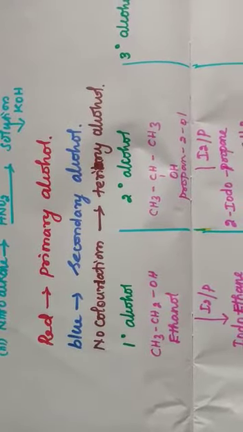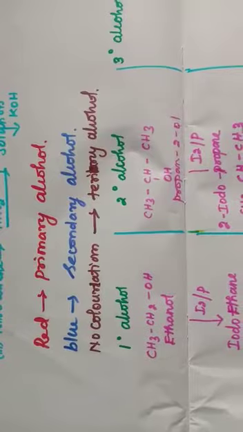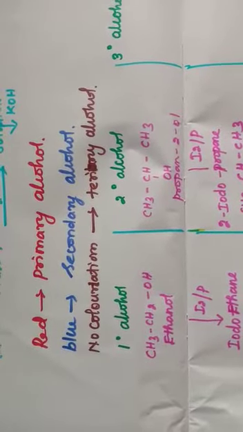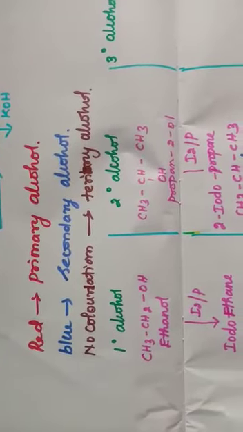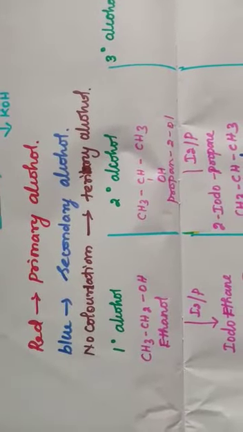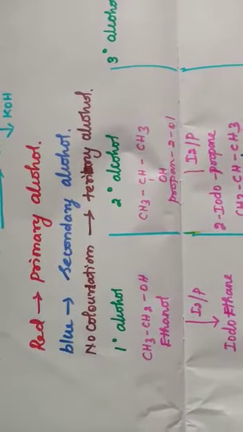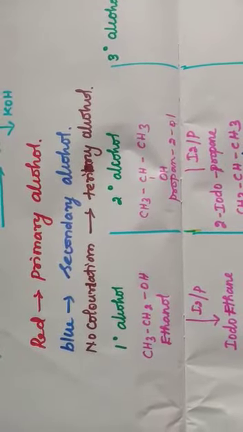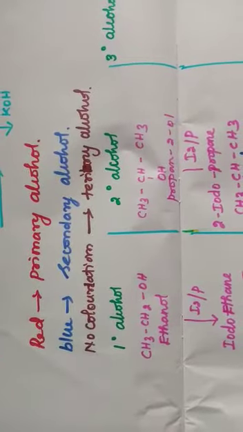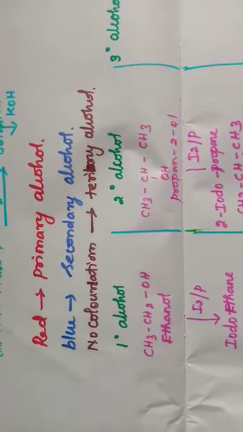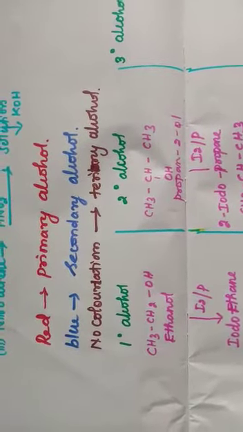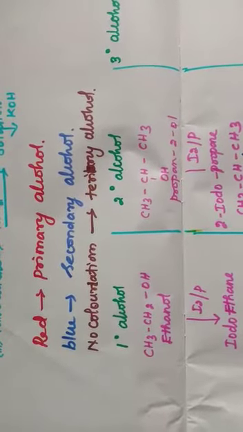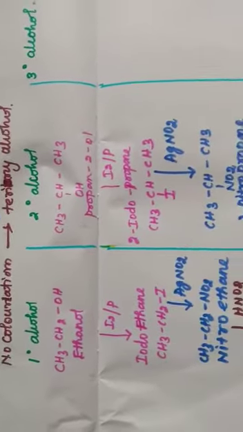Now this 2-iodopropane is treated with AgNO2 and we will be getting CH3CH(NO2)CH3. The name of this compound is 2-nitropropane. The iodine is replaced by the NO2 group.